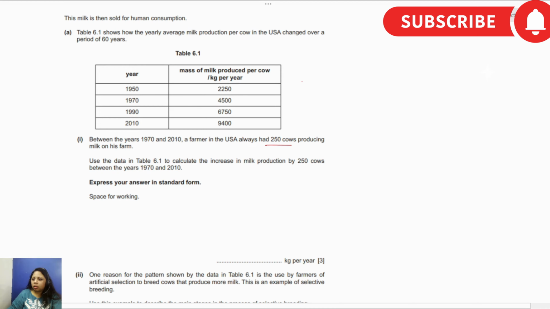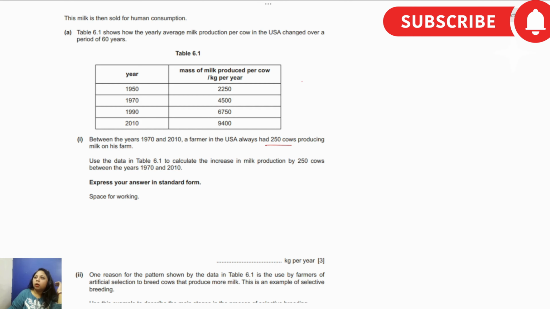The answer is 1.225 into 10 raised to power 6. I'm converting it into standard form, which is 1.225 into 10 raised to power 6.